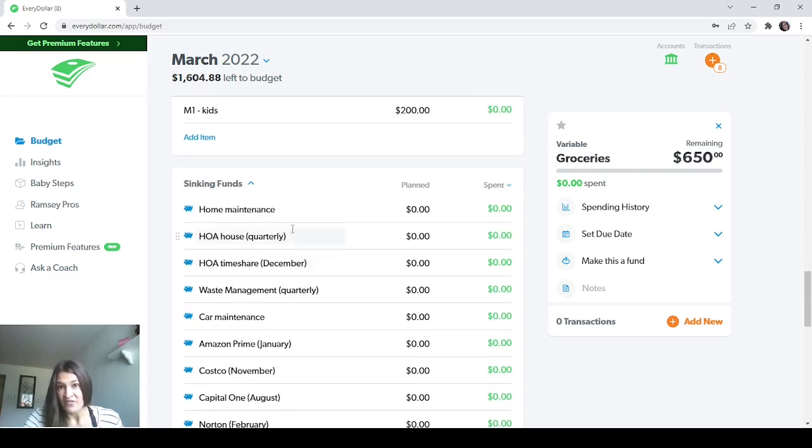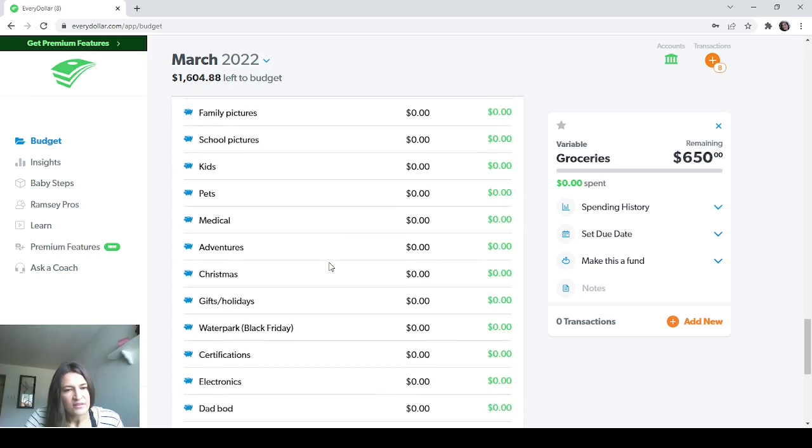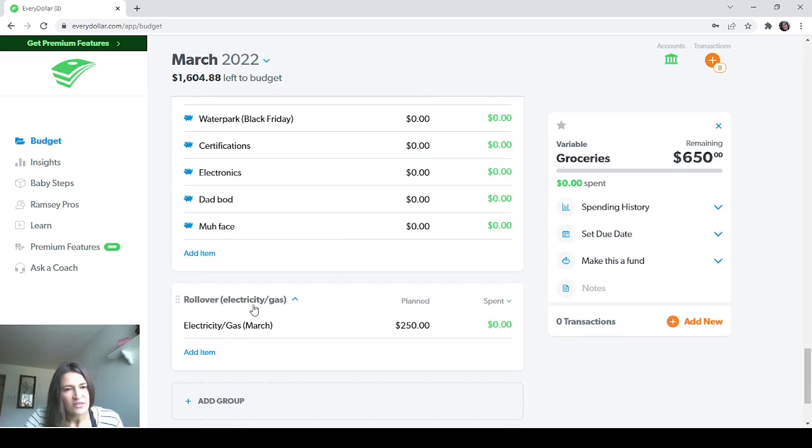On to sinking funds. Okay, so this is where I pulled out that $1,500, and I actually think I'm going to make it $1,600 this month. Okay, so this is the rollover, so that's why it looks like we don't have as much.